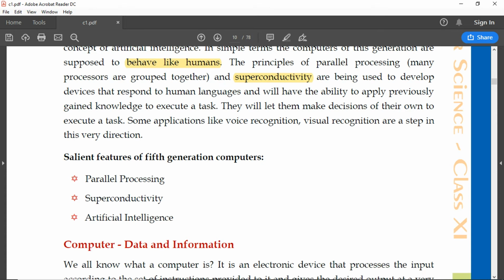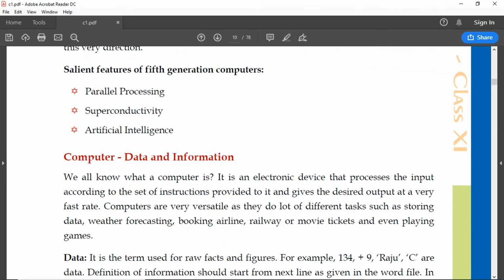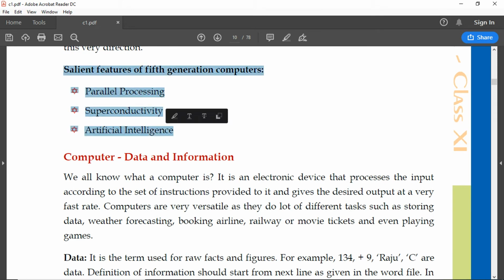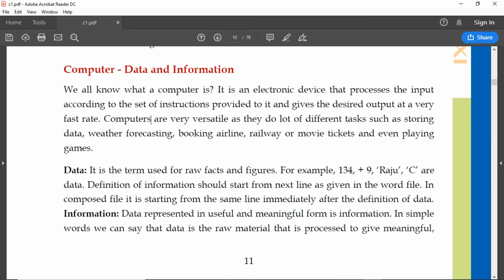They will let them make decisions of their own to execute a task. Some applications like voice recognition and visual recognition are a step in this very direction. Salient features of fifth generation computers: parallel processing, superconductivity, artificial intelligence.